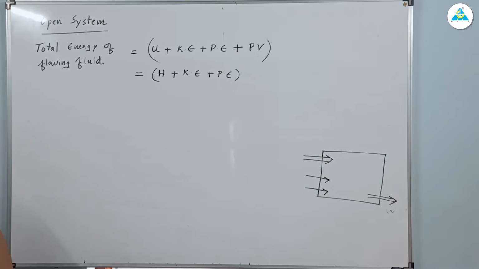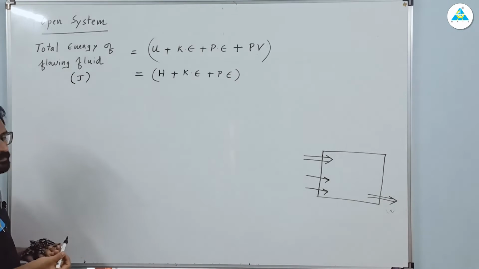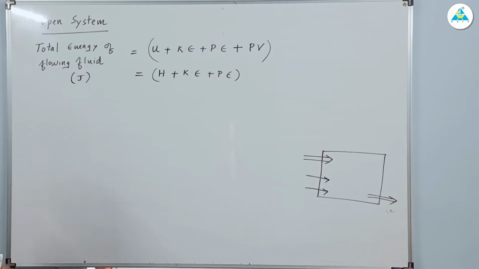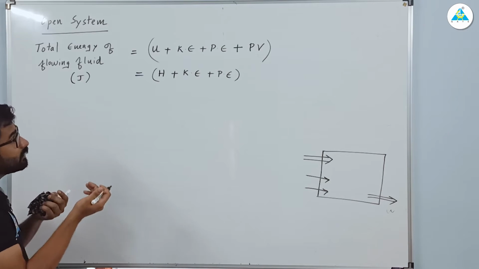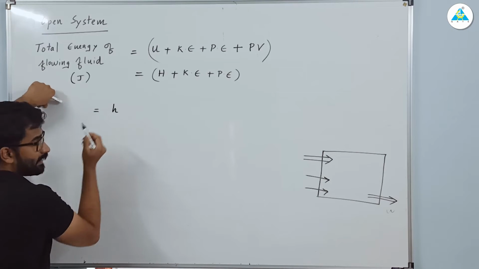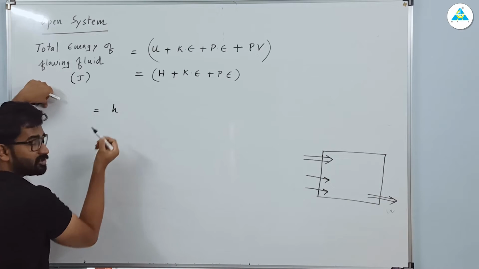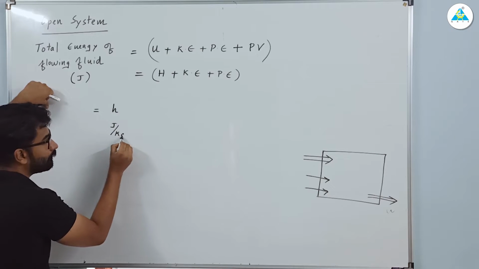Now this I am writing in joules, right? If you want to write it in joule per kg, or in joule per second, how am I going to represent this? You can see here enthalpy H. If I write h in small letter, the unit will be joule per kg.